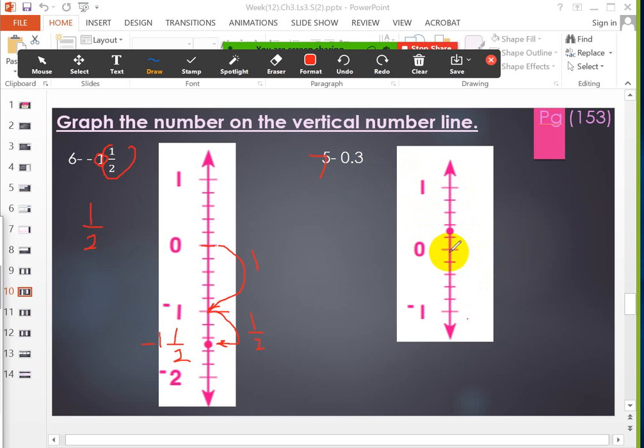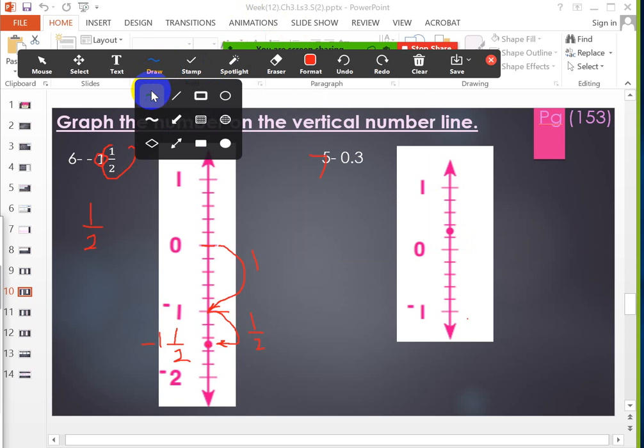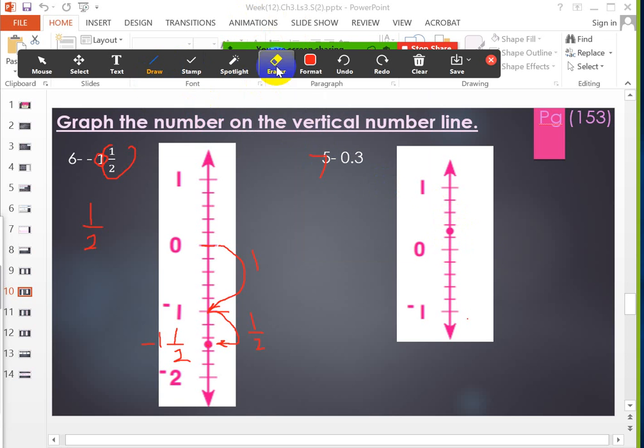If you divided it into 10, like this, you have to count 3. Like this, 10 equal parts, count 3: 1, 2, 3.